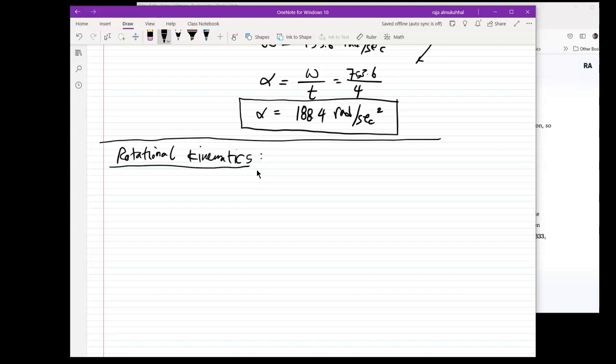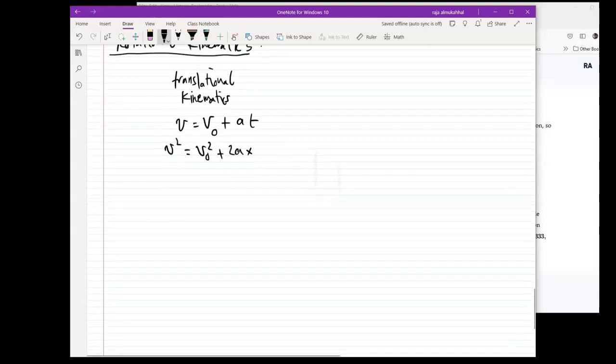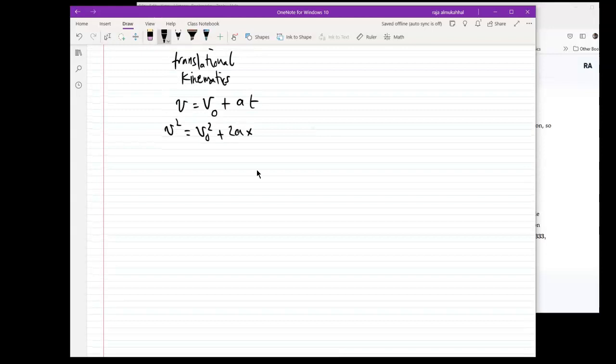If you remember the kinematic equations, what we call translational kinematics, they are given by the following 3 formulas that I hope you already memorized. V equals V naught plus AT, V squared equals V naught squared plus 2AX, and X equals V naught T plus 1/2 AT squared.